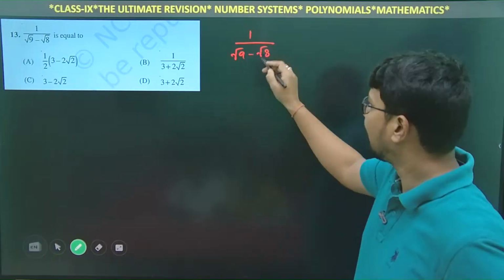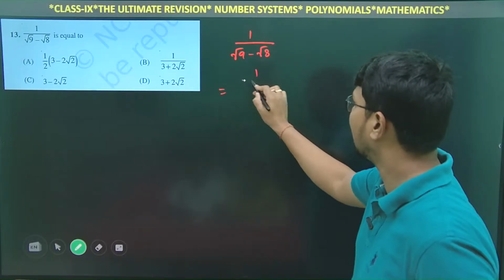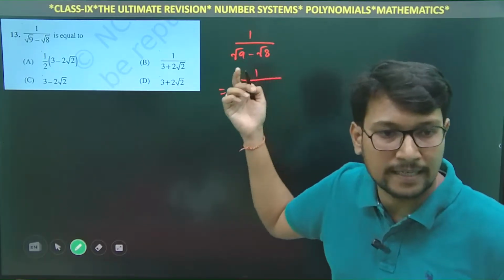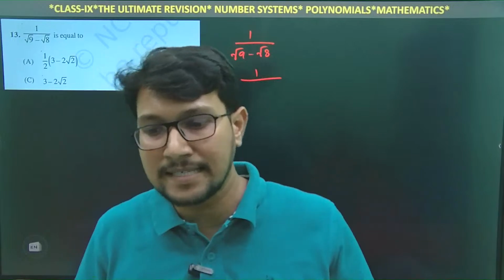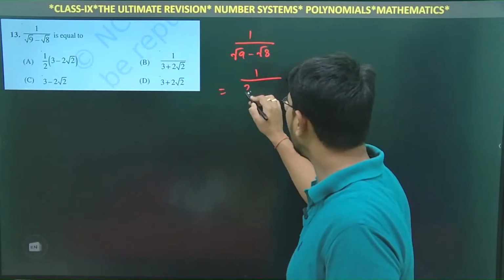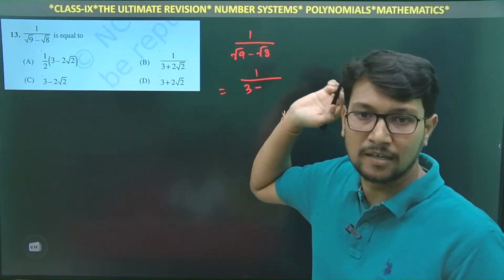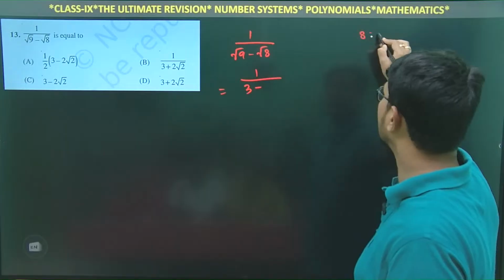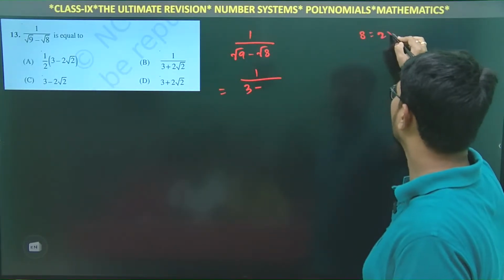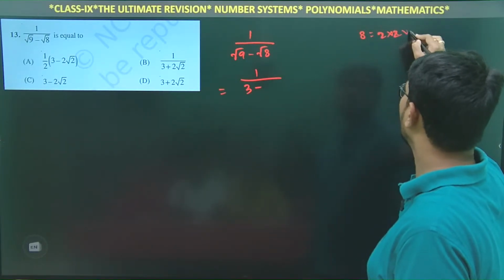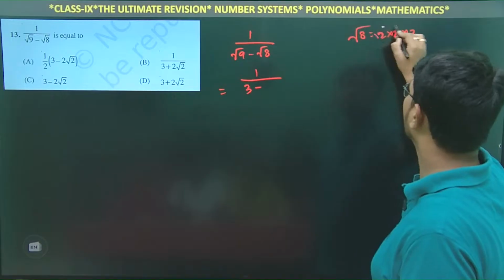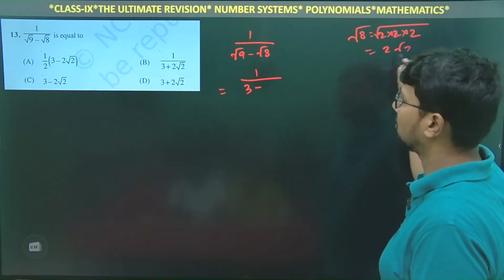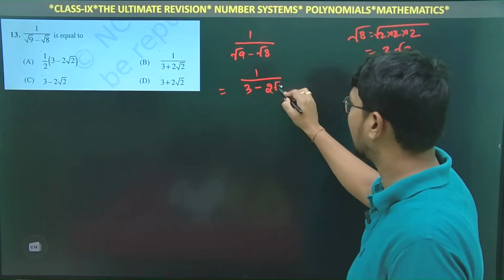Square root of 9 is 3, so 3 minus square root of 8. 8 can be written as the product of 2 into 2 into 2, so square root of 8 is 2 root 2. Therefore we have written 2 root 2.